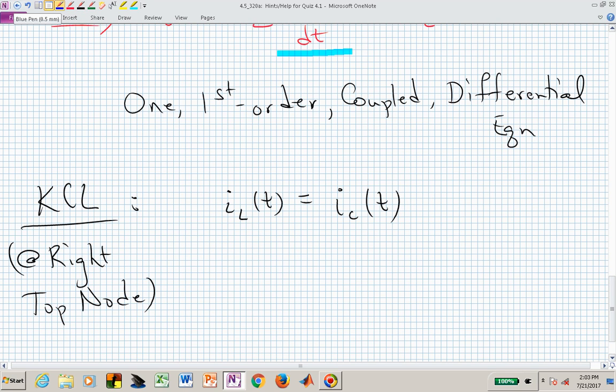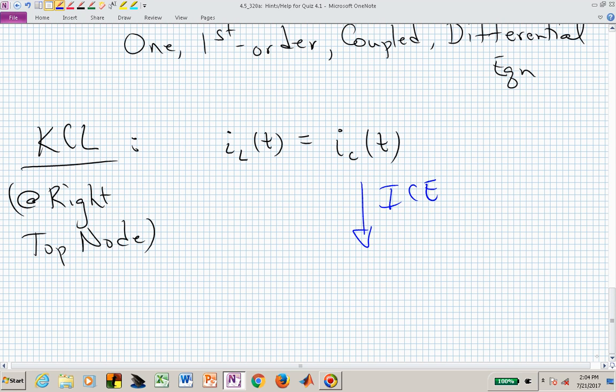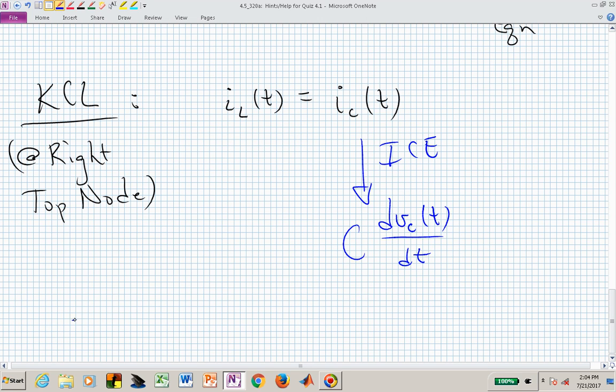But we don't want I sub C, we want V sub C, and that now is available to us by remembering ICE, or now we know that I sub C of t is just C dV sub C dt. And if we now combine those two, if we replace I sub C with its differential relationship in terms of the capacitor voltage, we see that we have I sub L of t is C dV sub C dt.